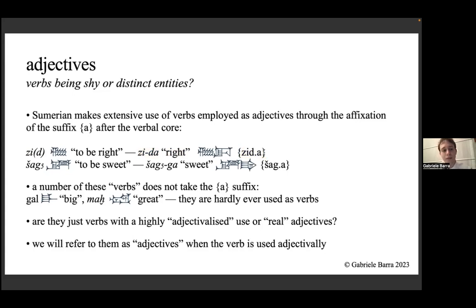Shag5 is to be sweet. Shaga, sweet, or well, being sweet.